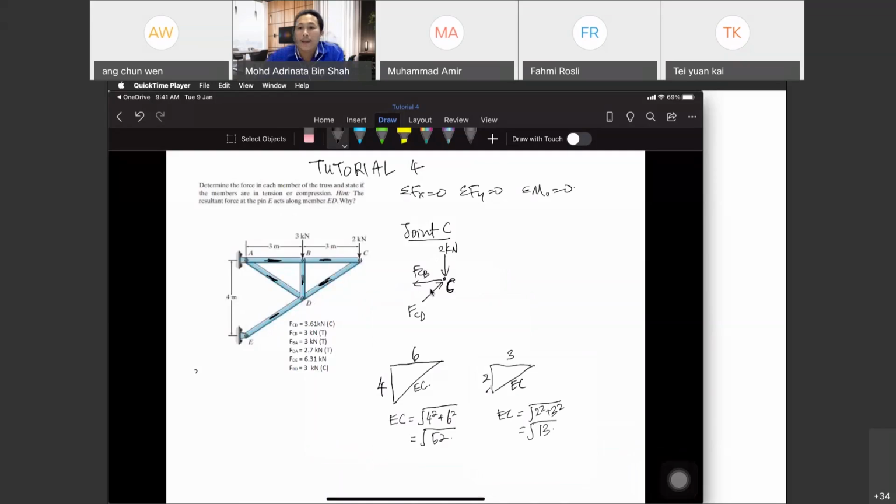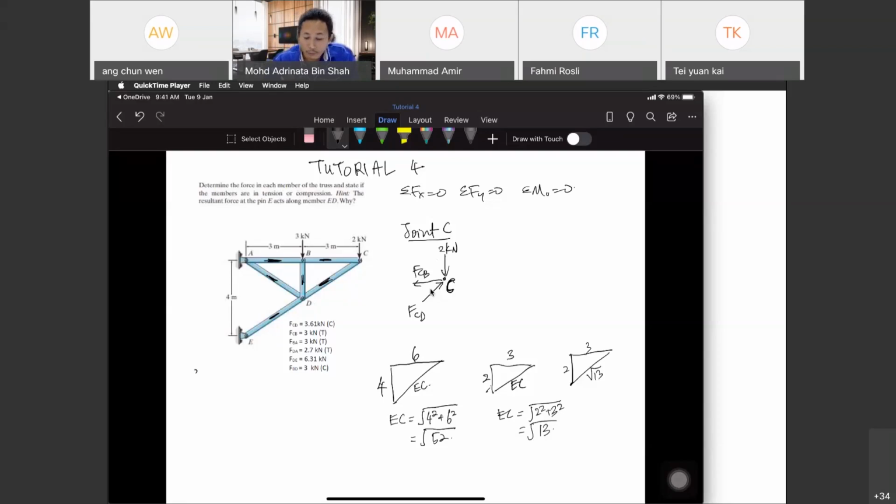This is what we will use in our equation. You can find your theta also if you like, but we can also use our triangle to solve our equations of equilibrium.